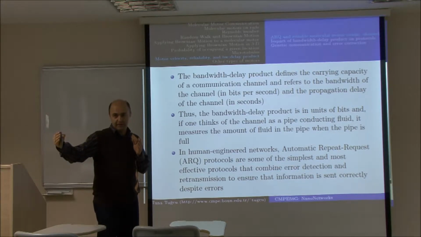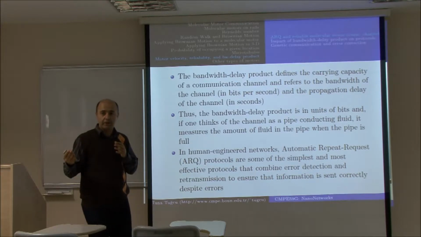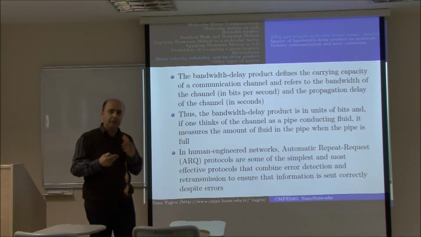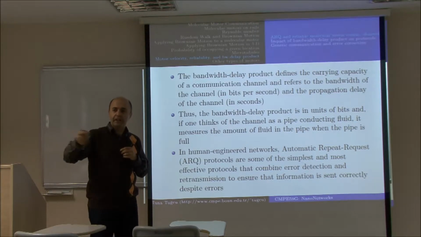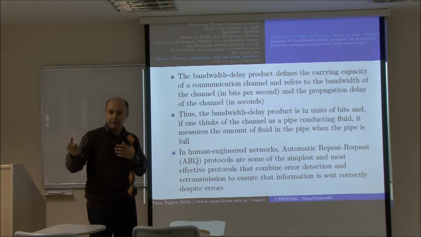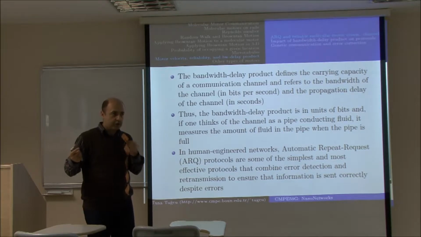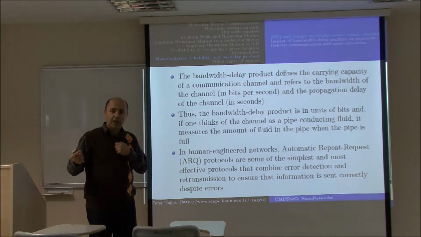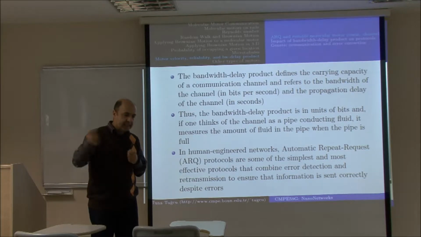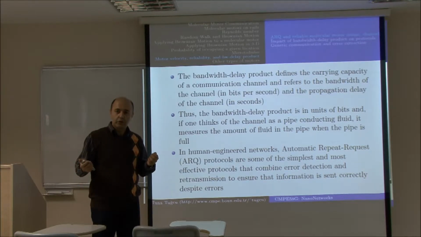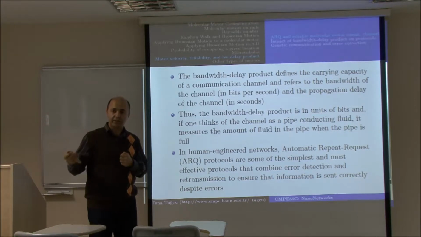If not, I have to find a way of sending it successfully. A typical method will be, as we will soon discuss, repeating the packet, retransmitting in other words. In order to be able to retransmit, I have to store that information. It's not like send it and forget it. You cannot forget that packet until you're sure that it has been successfully transmitted.